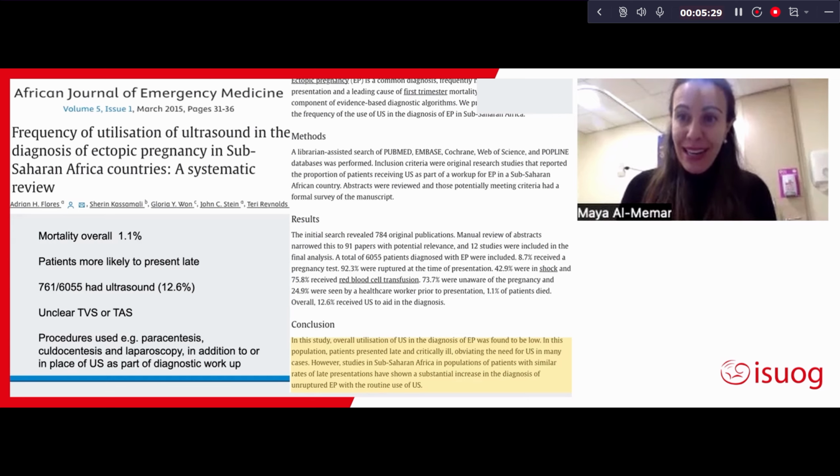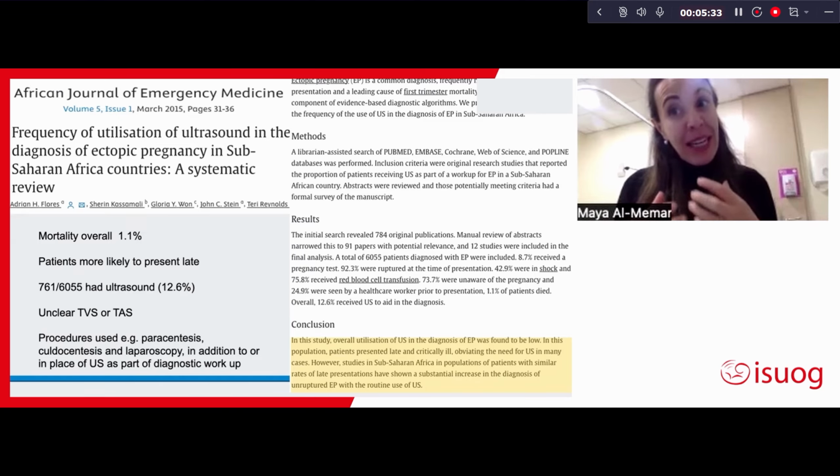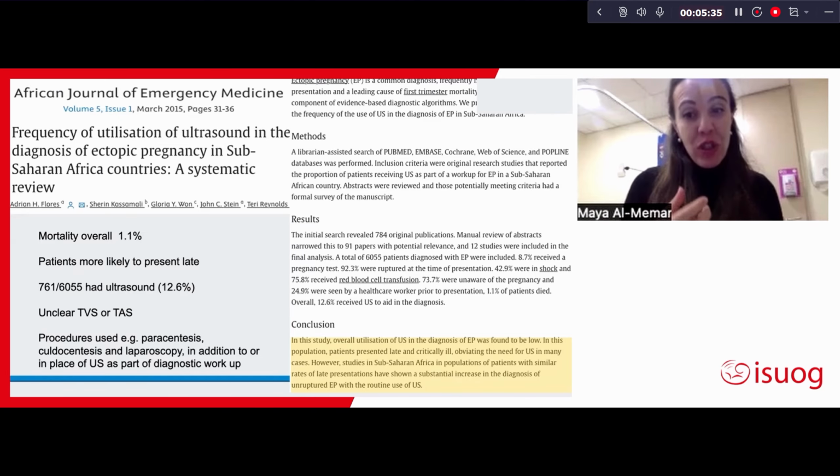However, interestingly, where ultrasound was applied, and it was unclear in the data whether this was transvaginal or transabdominal, what they found was that there was a substantial increase in the diagnosis of unruptured ectopic pregnancies when there was routine use of ultrasound, which means that we're less likely to see women attending in extremis and moribund. Therefore, it is a possible triage tool, as has been suggested by some data.